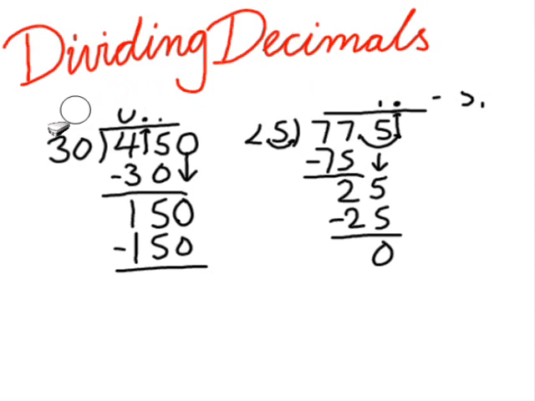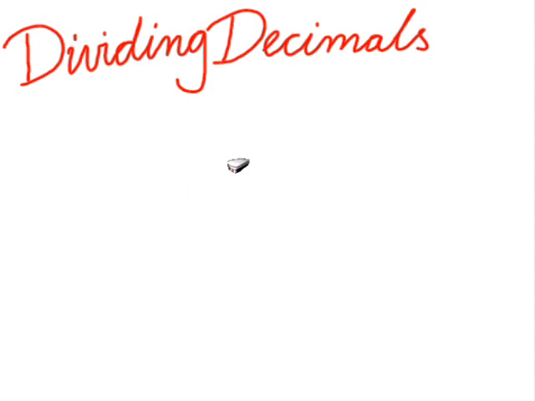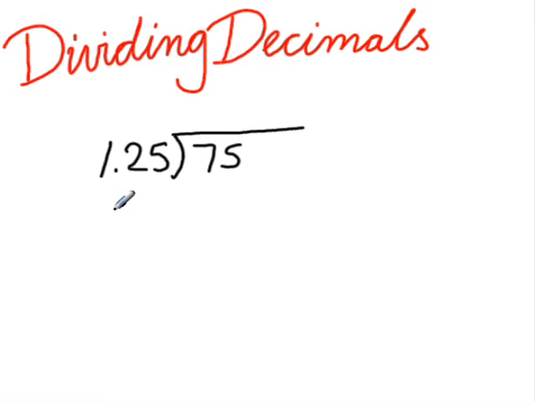Take one more example. 1.25 divided into 75. Now in this case, we have a decimal point here in the divisor, and we need to turn the divisor into a whole number, so we move it over 2 places.